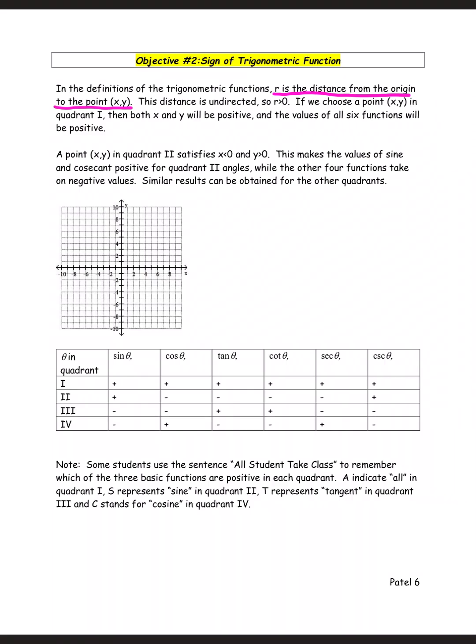Similarly, in quadrant 3, x and y are both negative, and therefore sine is negative, cosine is negative, but tangent, which is the ratio of y over x, will be positive in quadrant 3. And in quadrant 4, x is positive and y is negative. So in quadrant 4, cosine will be positive and so will secant, but everything else will be negative.